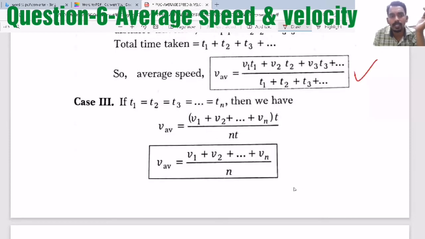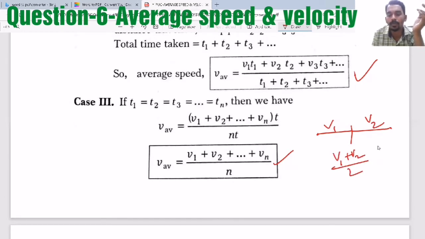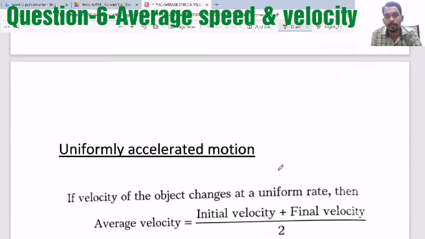If the time intervals are equal, say first for time t it traveled with speed v1, then next time t with speed v2, the average speed is v1 plus v2 by 2. Like that for n parts, it becomes v1 plus v2 plus up to vn, by n. These are the different cases they can ask based on uniform motion.